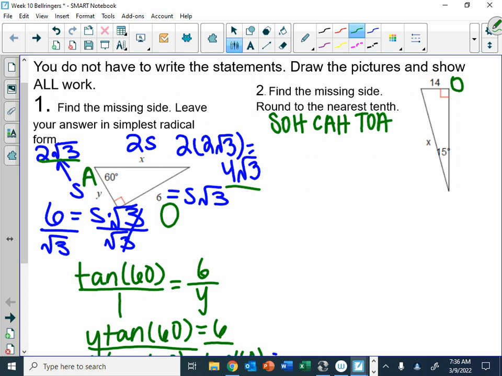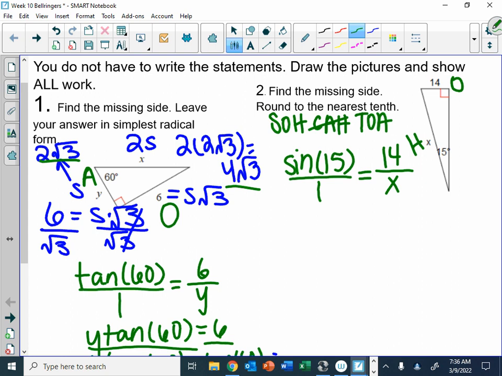So that throws out which one immediately? Cosine. Cosine's gone. And then this x, it's the hypotenuse. So O over H, which one is that? Sine. Good. So sine of my angle over 1 equals opposite, which is 14, over my hypotenuse, x.